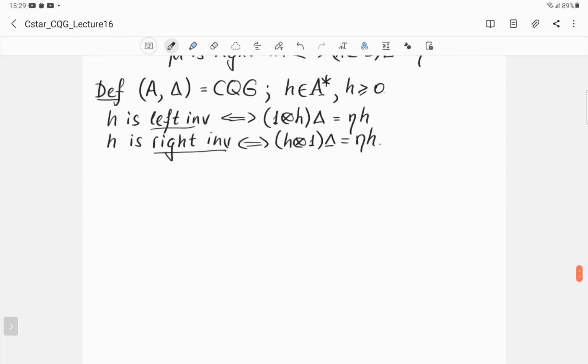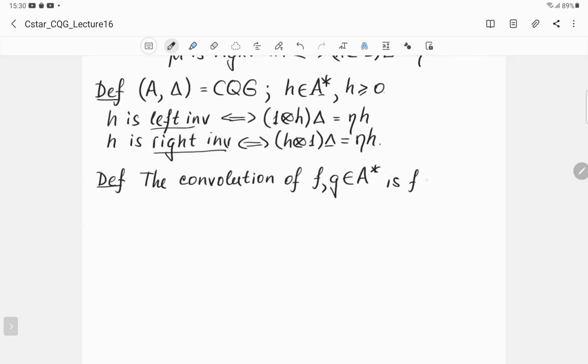Now, these invariance properties can be conveniently written in terms of the convolution on the dual space of A. So we give one more definition. We define the convolution of two linear functionals, f and g, to be the linear functional f star g, again on A, defined by the following formula.